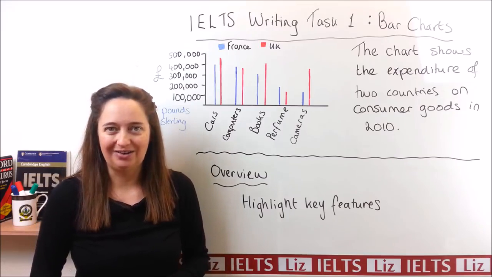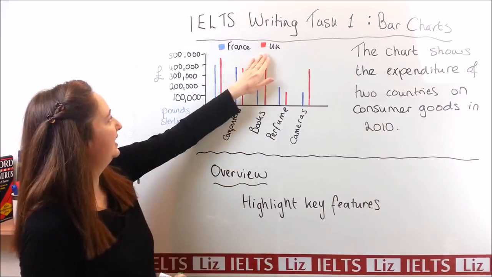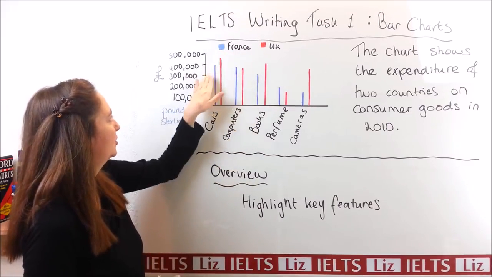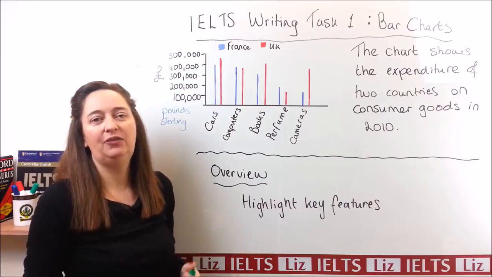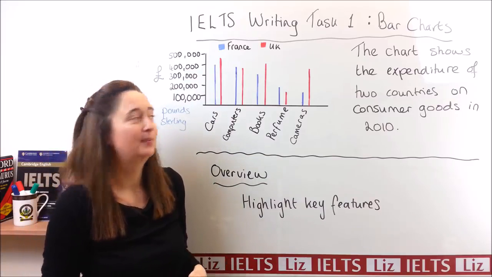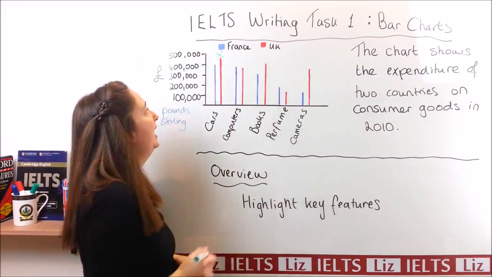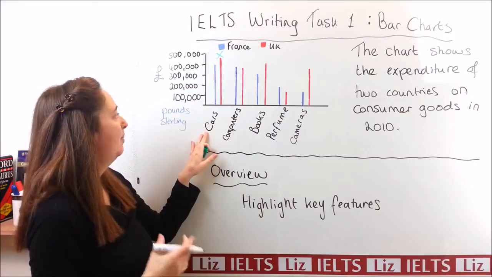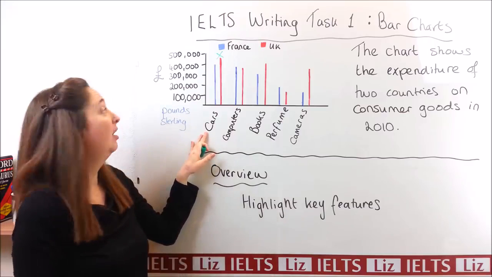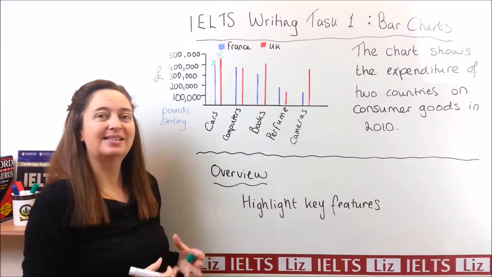key features are. If you look at the chart, you will see that in red is the UK and in blue is France. And of course, key features are all about the high points and the low points of your chart. So if we look here for the red one, that's UK, we can see that most of the spending was on cars. And also for France, the blue one, that's the same.